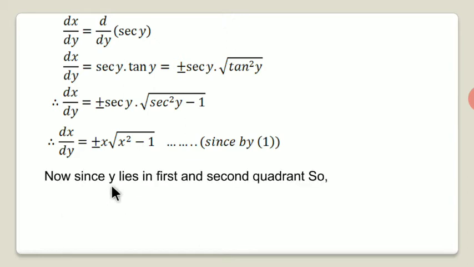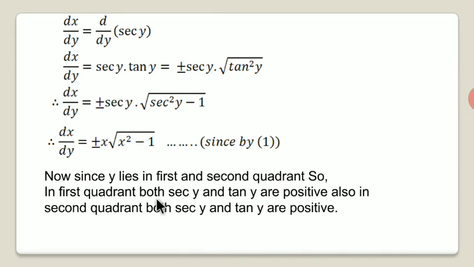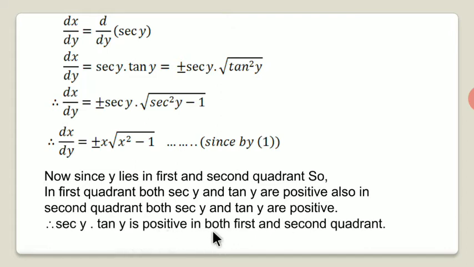So now since y lies in first and second quadrant, sec y into tan y is positive in both first and second quadrant.